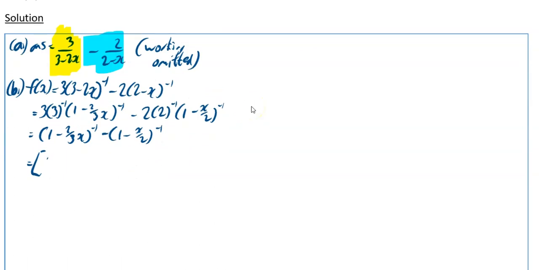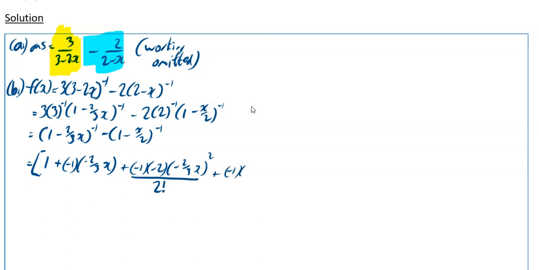So this is going to be 1 plus minus 1 times minus 2 over 3 times your x, and then plus minus 1 times minus 2 times minus 2 over 3x, and that's squared, divided by 2 factorial, and then plus minus 1 times minus 2 times minus 3 times minus 2 over 3x, and that's cubed, over 3 factorial.